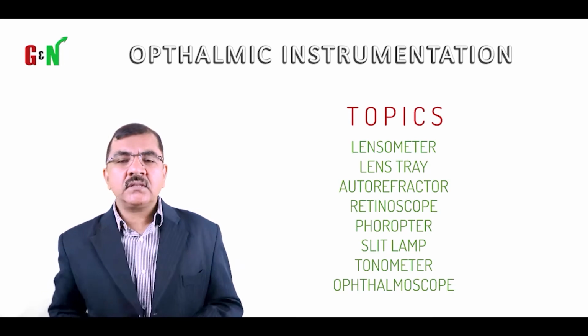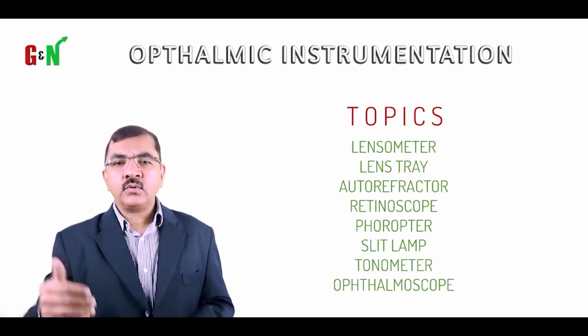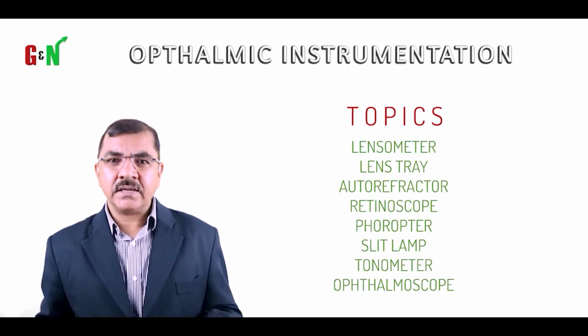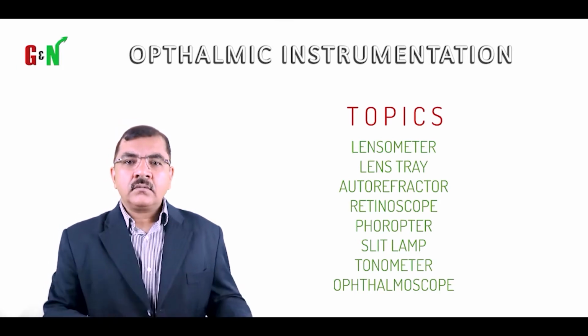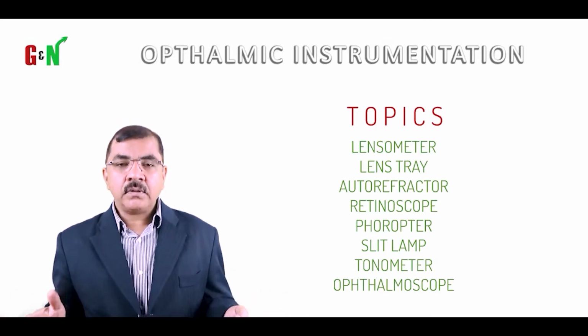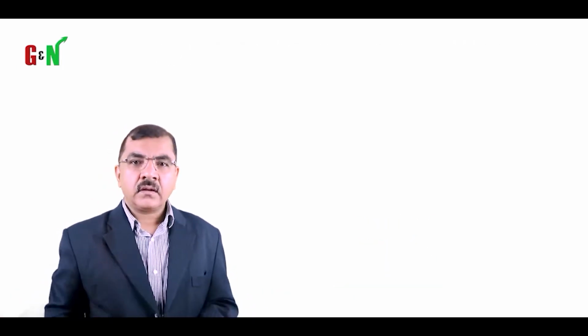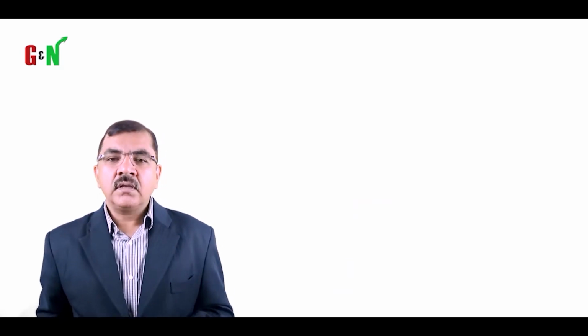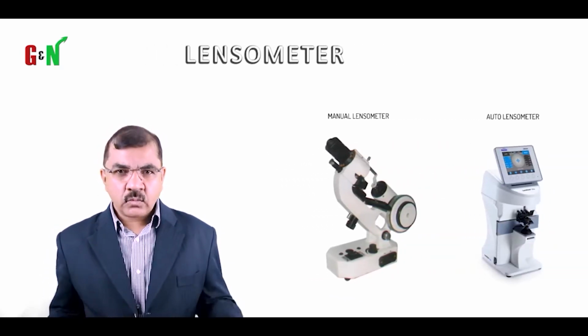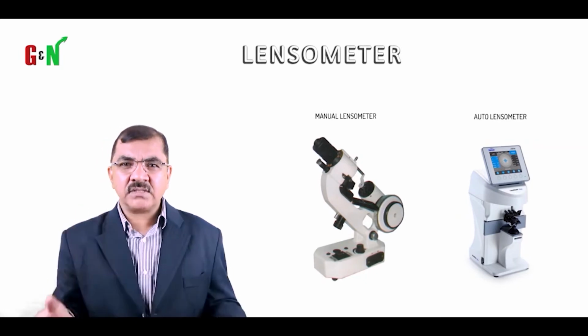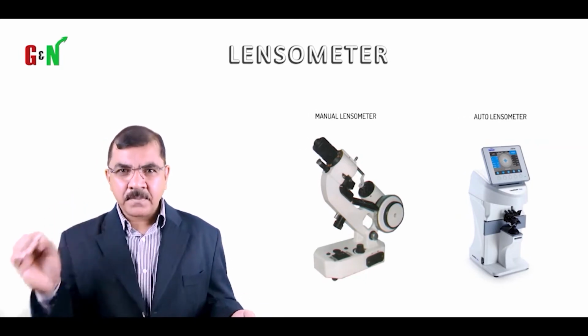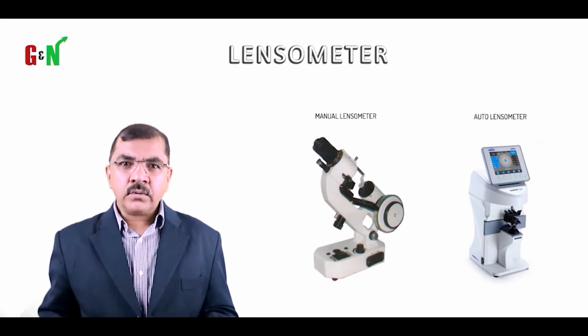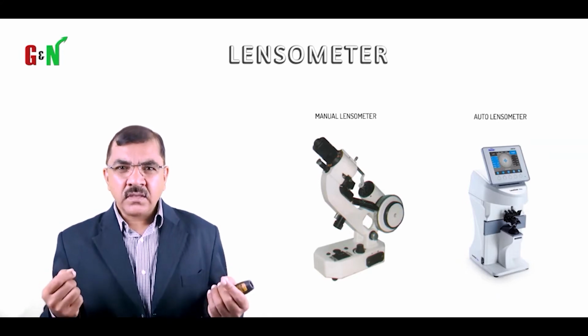So the first thing that you will see, even before you go inside an optical clinic, right at the front line where people keep it, is the lensometer. What's the use of the lensometer? As the name suggests, it's a lens meter. You are going to check the lens of the patient.